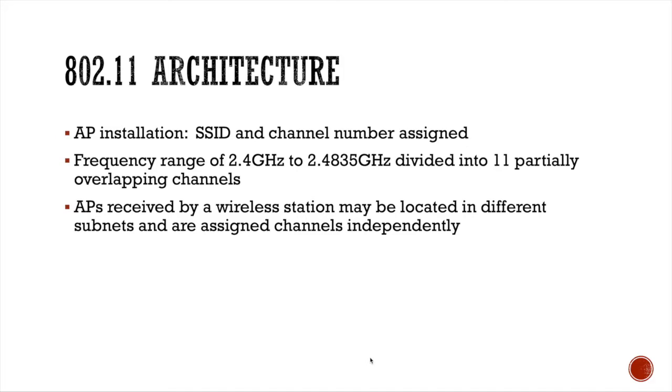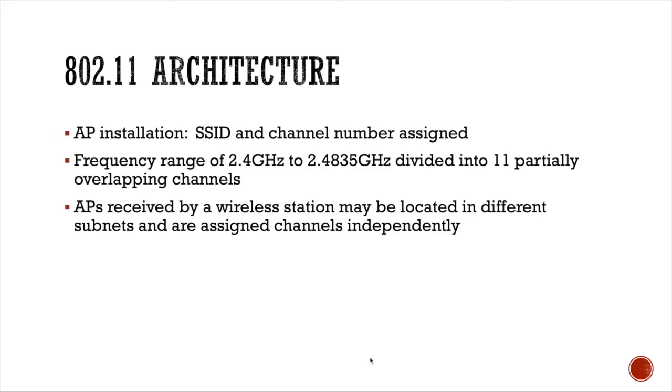When an AP is installed, a service set identifier, SSID, and a channel number is assigned to it. For an 802.11 standard that operates in the frequency range of 2.4 GHz to 2.4835 GHz, the range it operates in is divided into 11 partially overlapping channels.